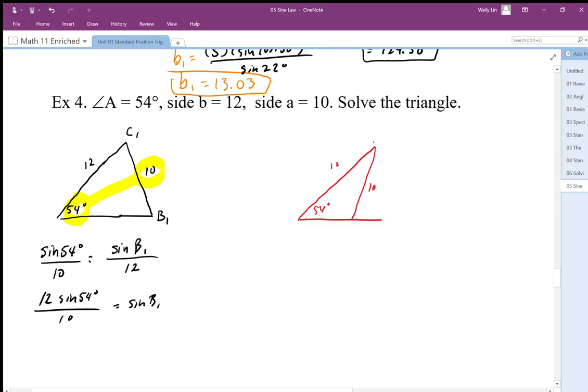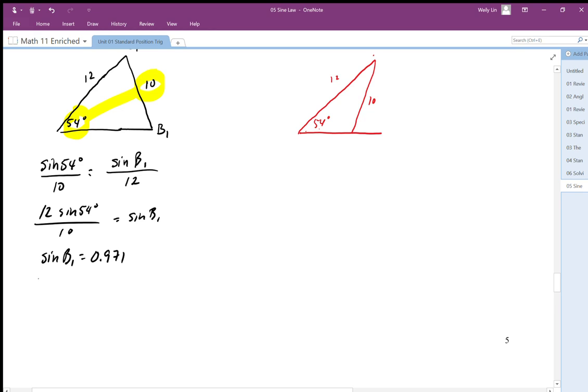Working out the decimal of that sine value, 12 times sine 54 degrees divided by 10, it's 0.9708, so I'm going to round that to 0.971. So sine B1 is equal to 0.971. Then solving for angle B1, we're going to use the arc sine of this, so we're going to undo the sine. I want to get in the habit of writing the arc sine.